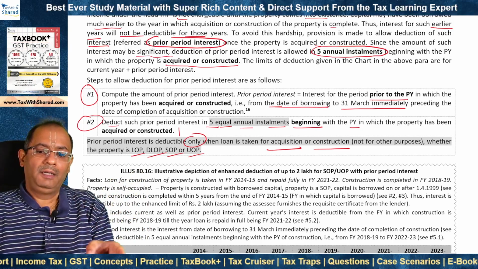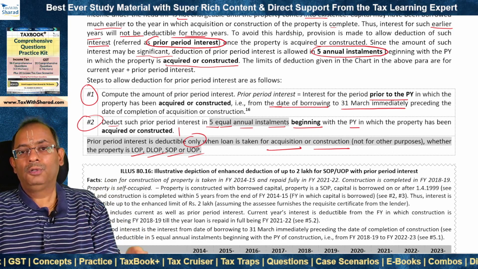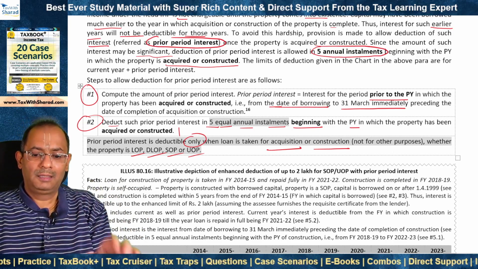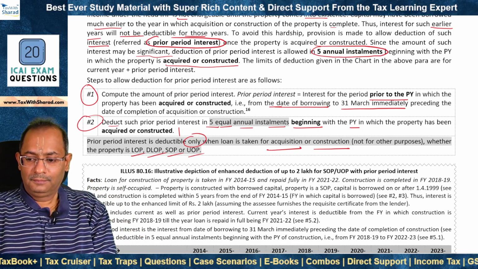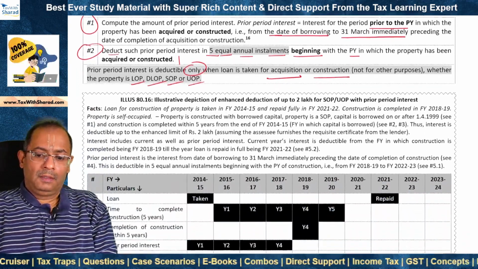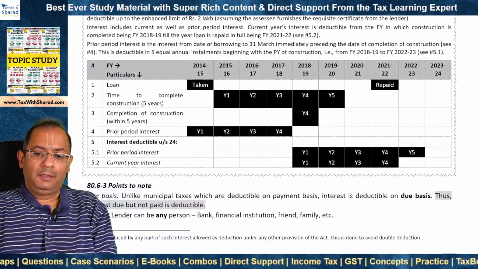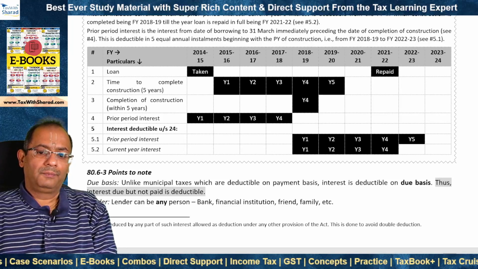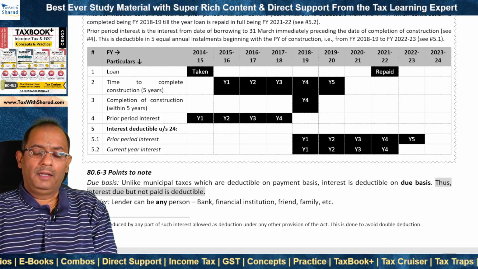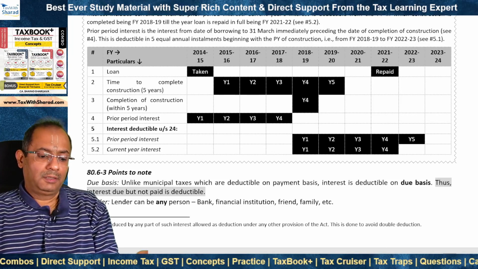But if the loan has been taken for acquisition or construction, both current year plus prior period interest is deductible, right? So this illustration will give you a very good overview and clarity of what we have just now discussed.